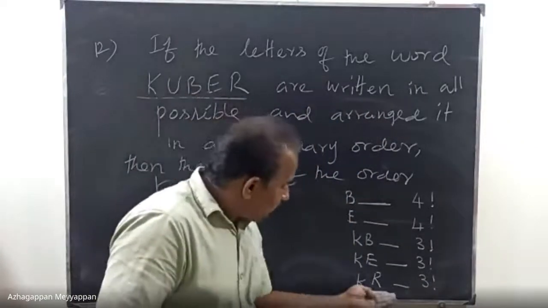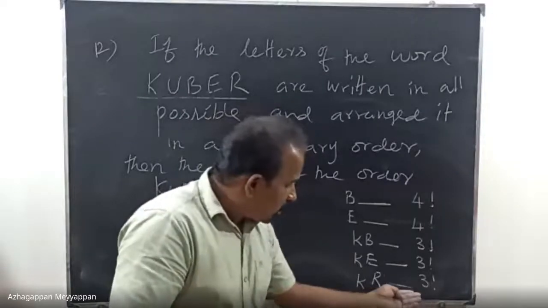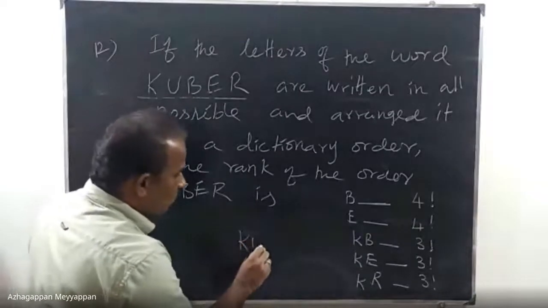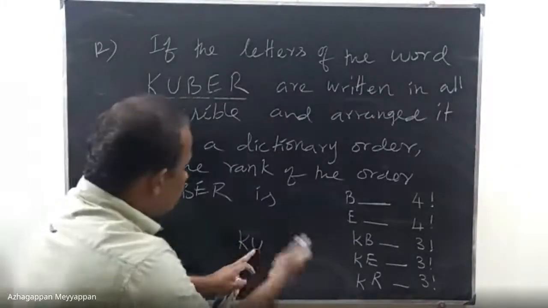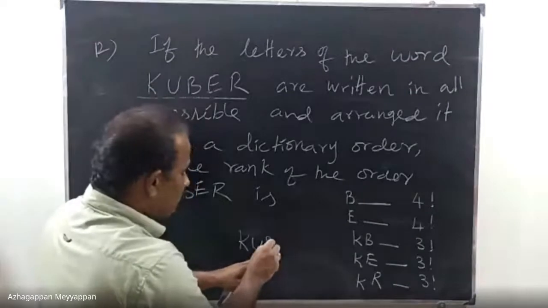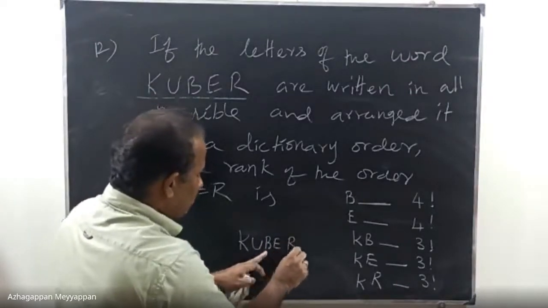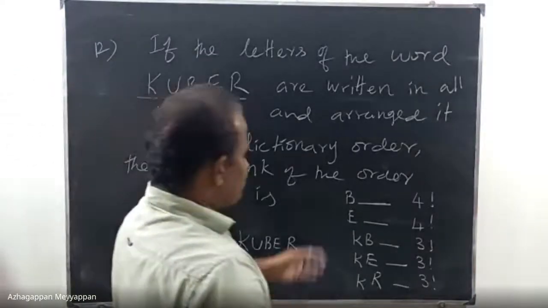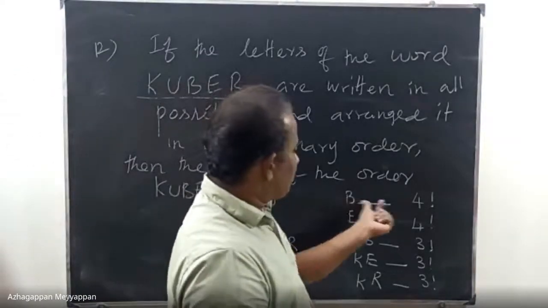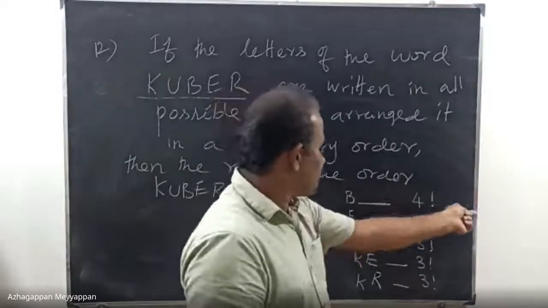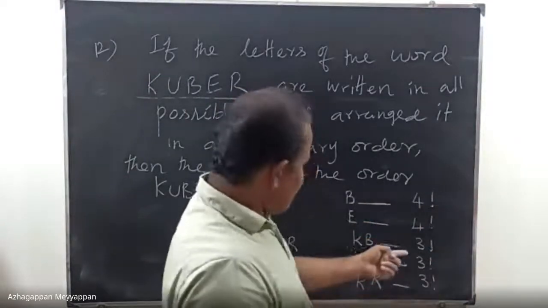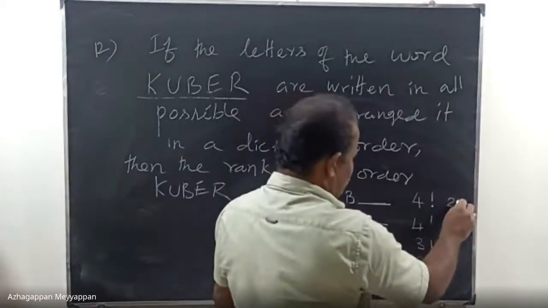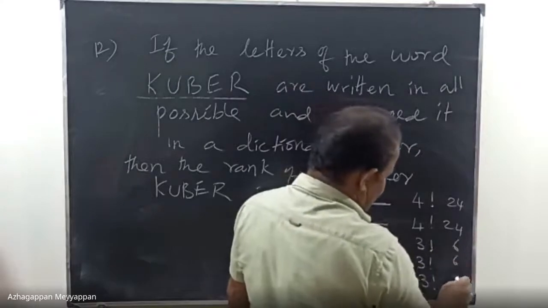After finishing KR, all other arrangements, I am coming to KU. Then KU after B will come, then E, then R, the same alphabetical order. So what is the rank? This is 24 arrangements, here 24 arrangements, here 6 arrangements, 6, 6.